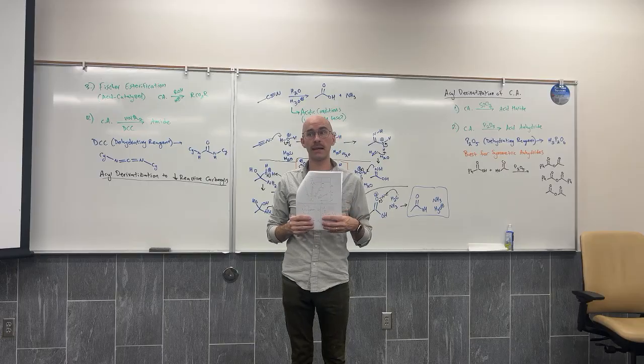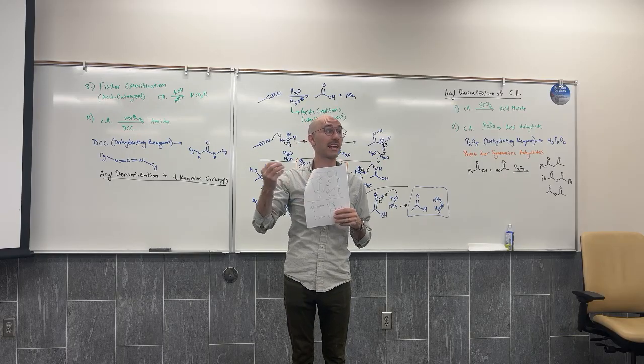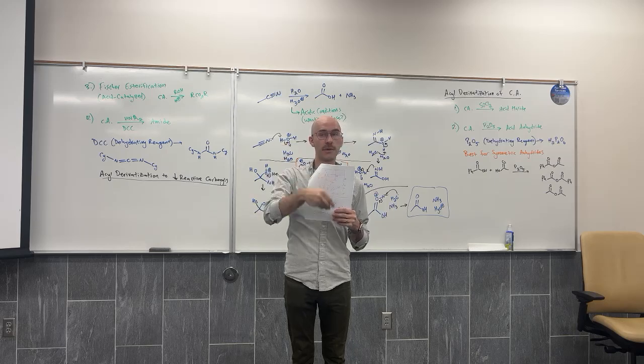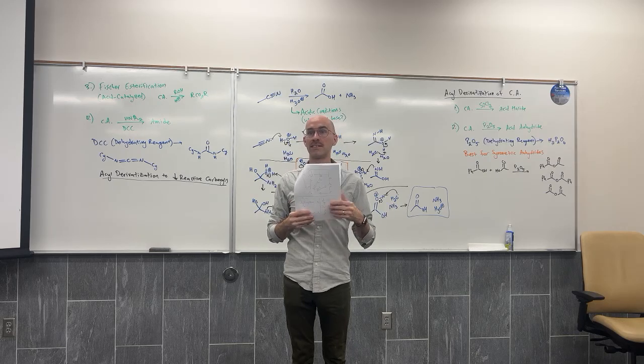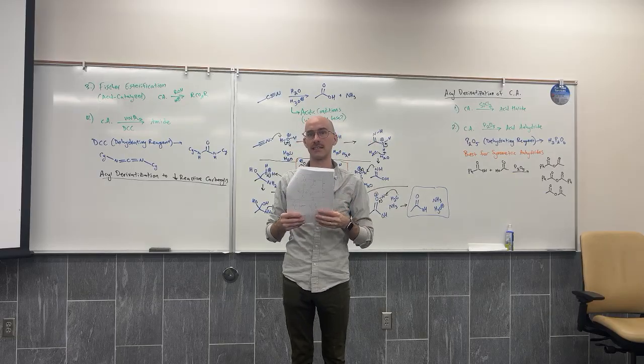And that should make sense. A more reactive carbonyl can be reacted with to become something more stable. But something that is more stable is challenging to undo and make something less stable.